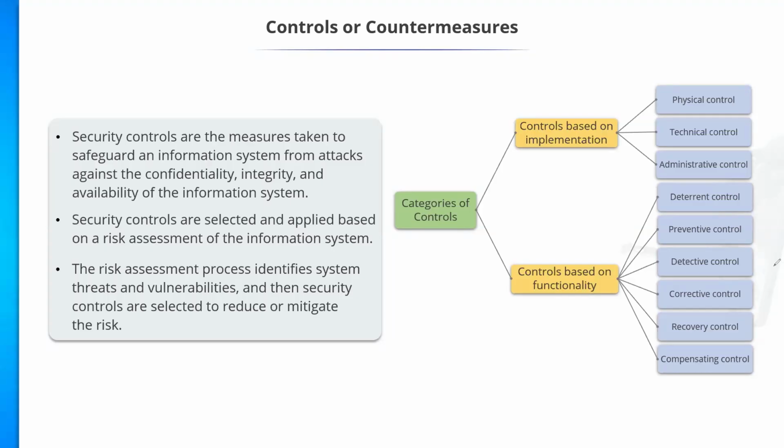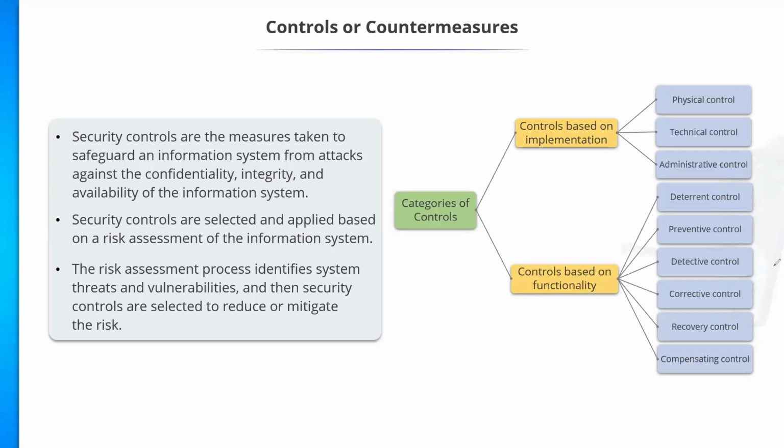There are different categories of controls. We will cover that in detail. Controls based on implementation, that is how they are implemented: physical, technical, and administrative controls. Then controls based on functionality: deterrent, preventive, detective, corrective, recovery, and compensatory.